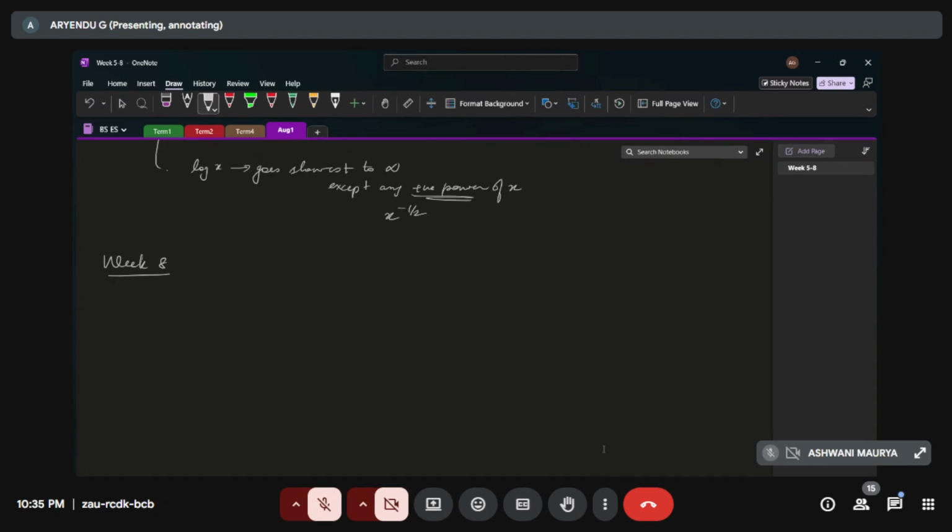Then we have the most important Riemann sums: left Riemann sum, right Riemann sum, mid Riemann sum, etc. Then we have the definite integral, which is a continuation of the Riemann sum concept. And then we have integration by substitution and integration by parts.